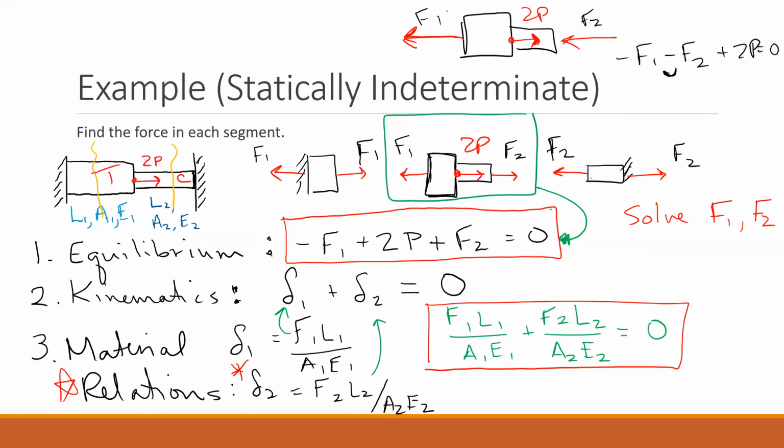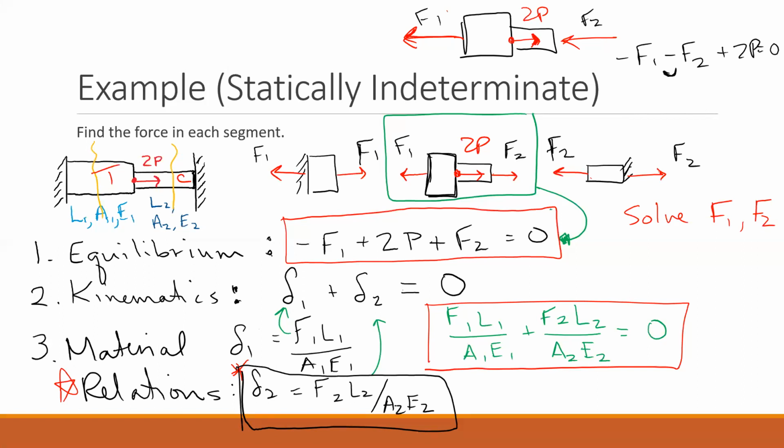And then because you're going to get a positive F2, that means that when you write your material relations equation like this, you're also going to get a positive del, right? Positive F2 will lead you to a positive del, but you know that's not the case. You know that del needs to be negative.